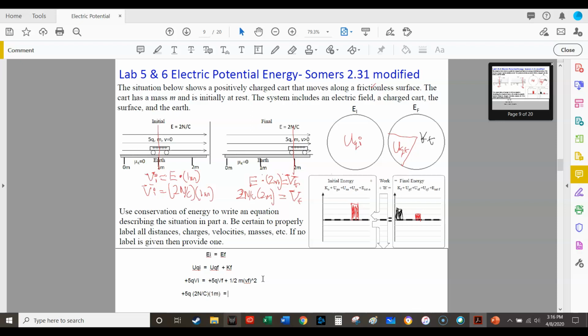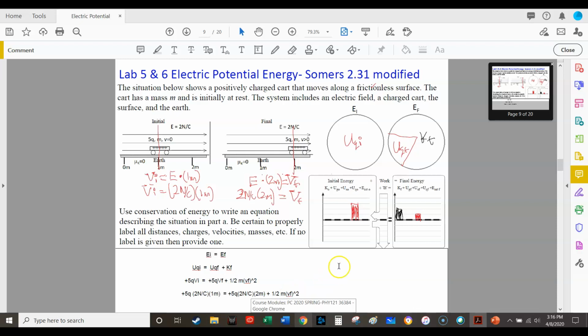And that's equal to our positive 5Q times our electric field, which is, again, 2 newtons per coulomb, times the position at the 2 meter mark, plus 1/2 m. You know what? I'll just copy this, plus this.